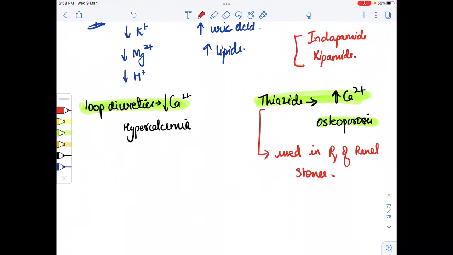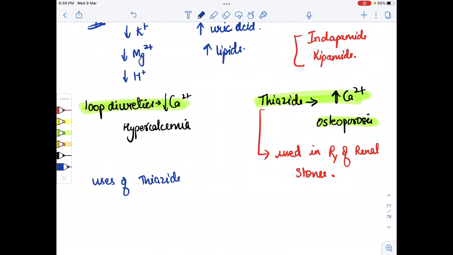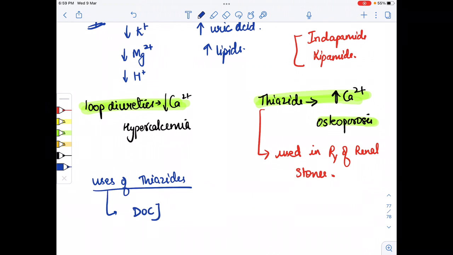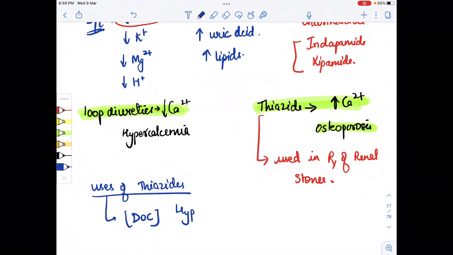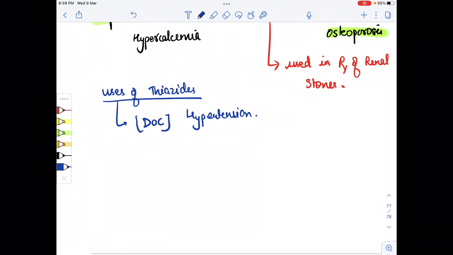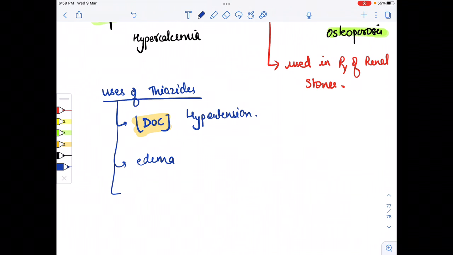Now what were the uses of thiazides? Here it is important to remember that it is the drug of choice in hypertension, because it decreases sodium and chloride. That's why it is the drug of choice in hypertension, and it is also used in edema, in recurrent renal calcium stones, and in bromide and iodide poisoning.